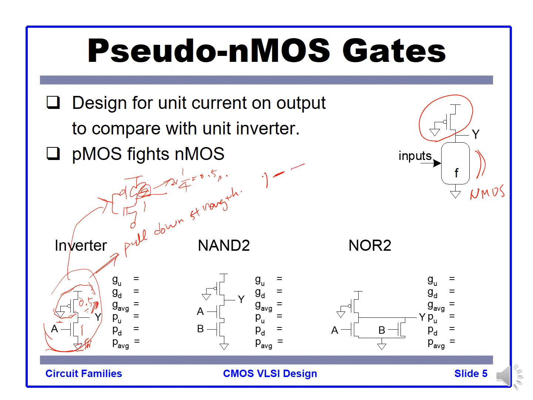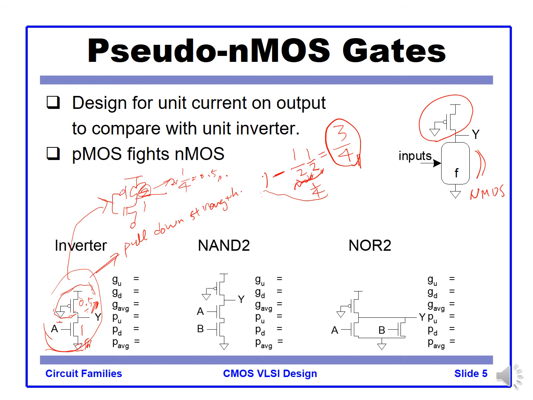It has 1/2 and 2, right? If the PMOS size is 0.5, its effective strength would be divided by the mobility ratio. So the actual pull up strength for the PMOS would be 1/4. So overall pull down strength would be 3/4, right?